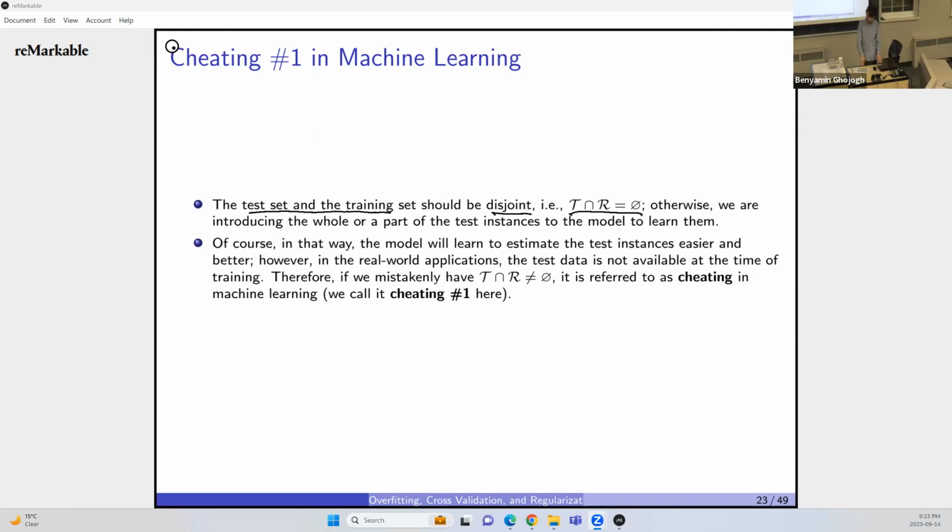I can say I trained the model with some data, and then after it gets deployed, it gets tested, right? Am I supposed to use the test data, which is after deployment, for training? Of course not. Logic says no. But when the test and training sets are not disjoint, when they are contaminated, then we are actually making this mistake. We are using that test data, which is supposed to come after deployment.